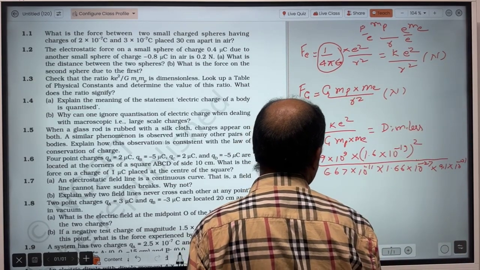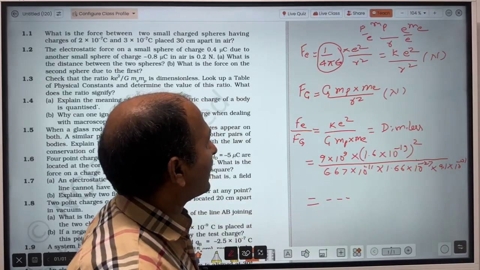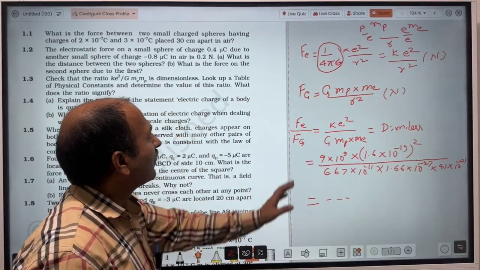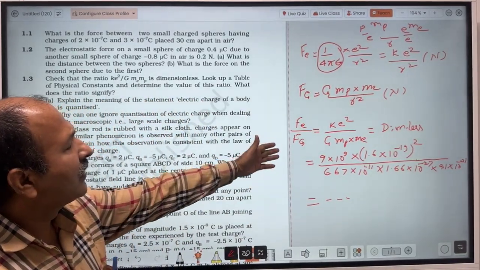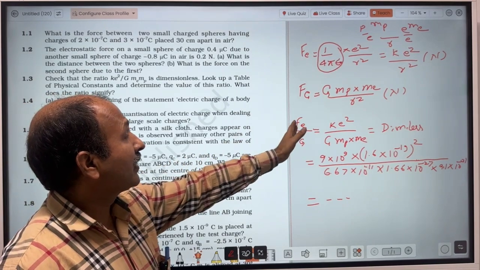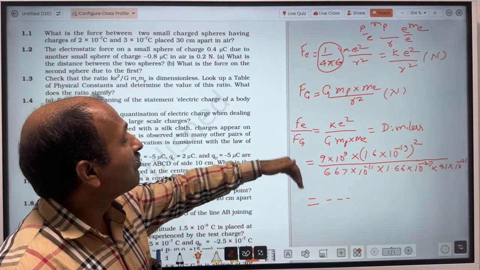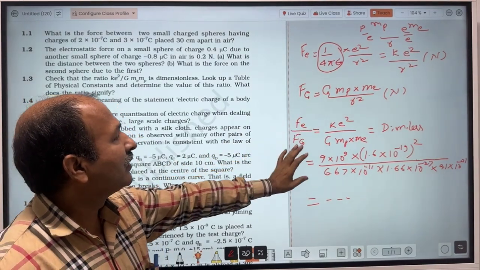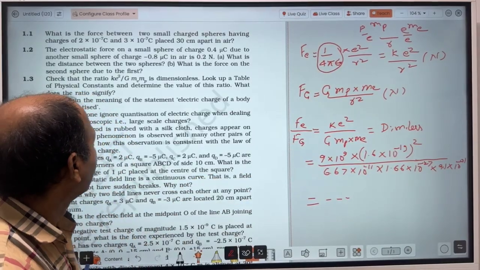If you evaluate it, it will give a very large quantity. So what does it signify? It signifies that the electrostatic force is much larger compared to the gravitational force.